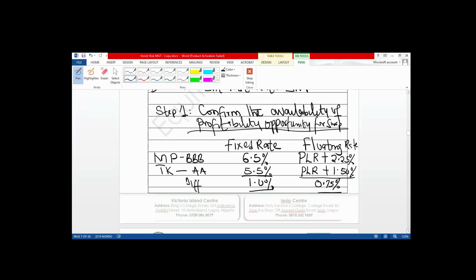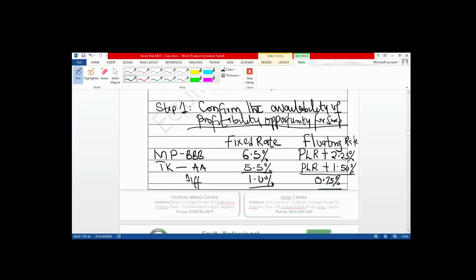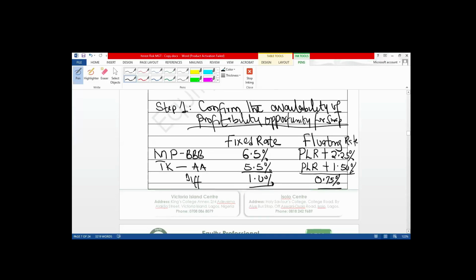For TK, fixed rate 5.5, prime lending rate plus 1.50. Please find the difference between the 2 fixed rates.